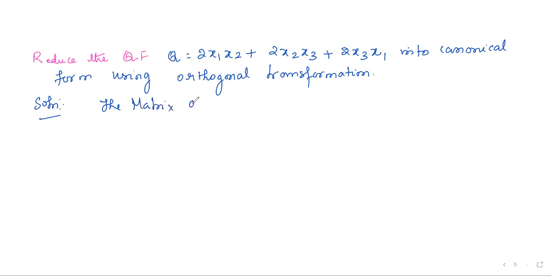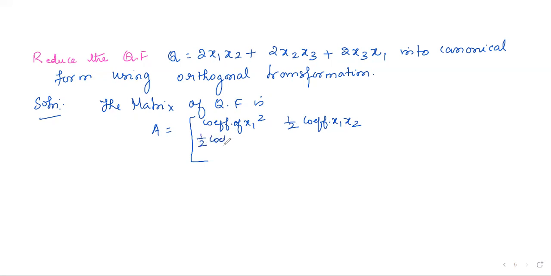So the matrix of the quadratic form is A, and we know the first entry must be the coefficient of x1 square. Second entry is half into coefficient of x1x2, and this is same as 1 by 2 into coefficient of x2x1, and here it is coefficient of x2 square.